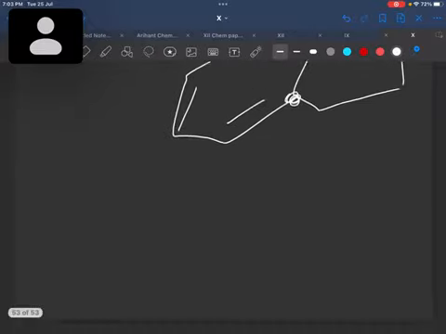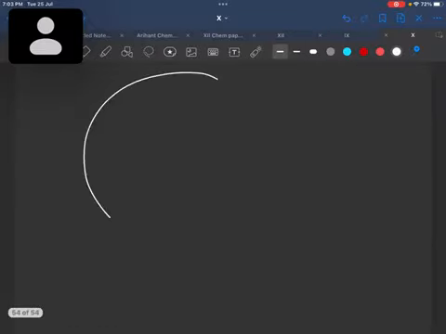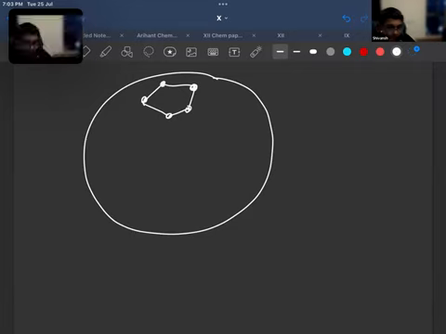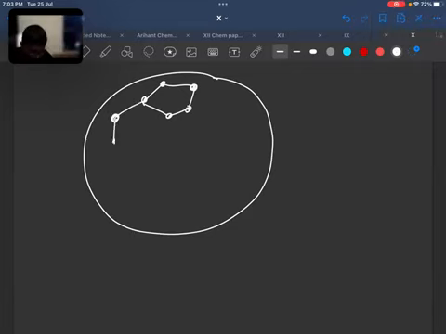Just make some hexagons in a football shape. There are hexagons and also pentagons. Have you noticed? There are pentagons also. Yes, sir, it consists of both hexagons and pentagons.